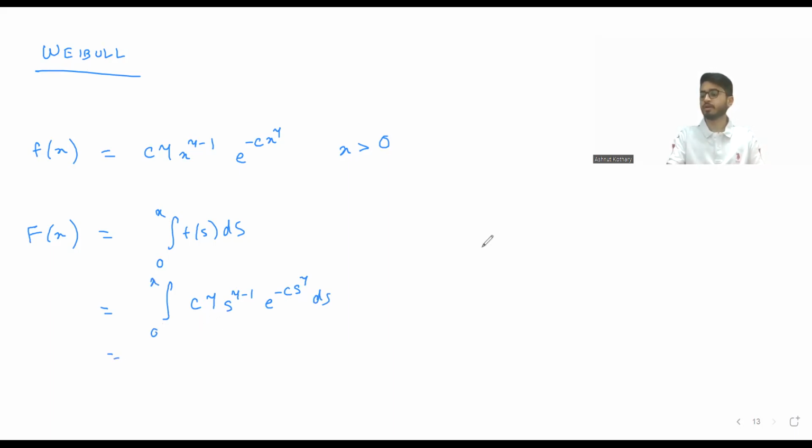If you can't, you need to basically make the substitution that y is nothing but e to the power minus c x to the power gamma. Either you can take this, perform integration by substitution. Directly, you can also see that this is nothing but integration of, and this will give us the required result.